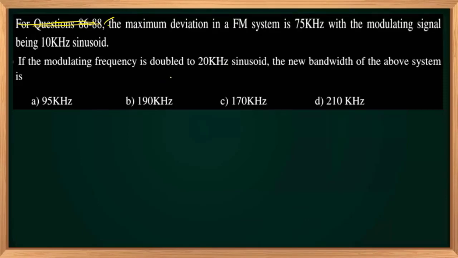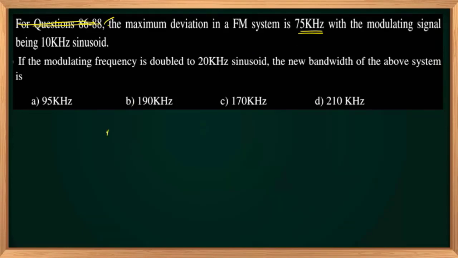The modulating signal frequency is doubled to 20 kilohertz and deviation remains the same value, 75 kilohertz. Yes, you got the answer. In this case, the only change is in fm. Right answer, 190 kilohertz.